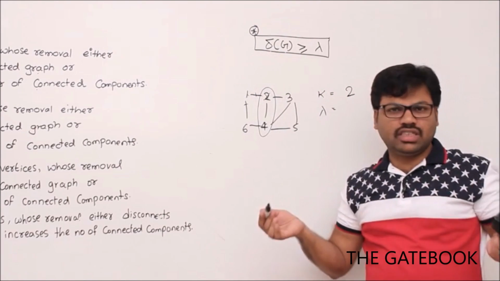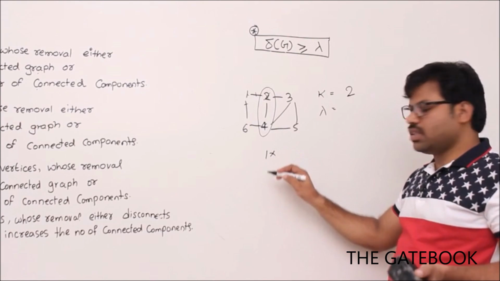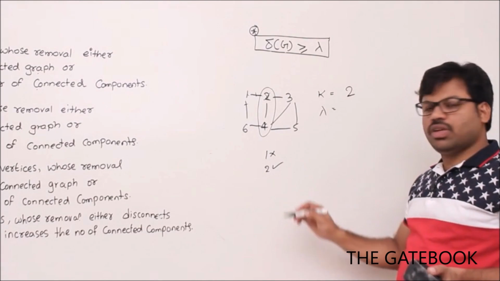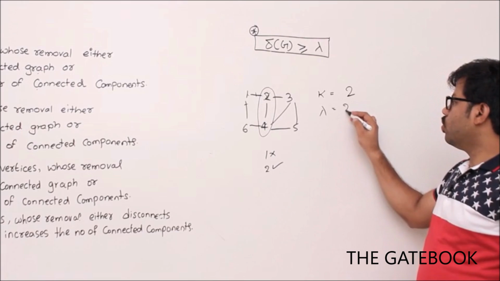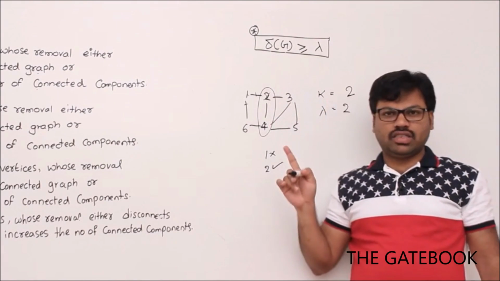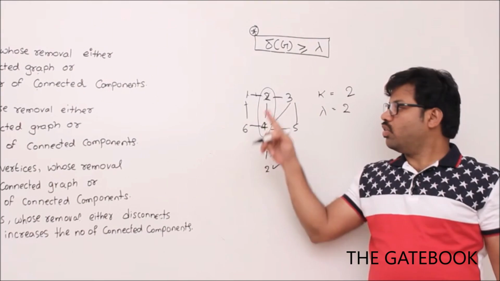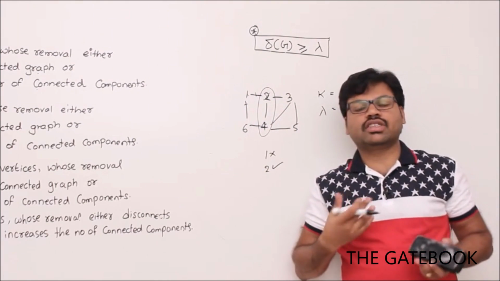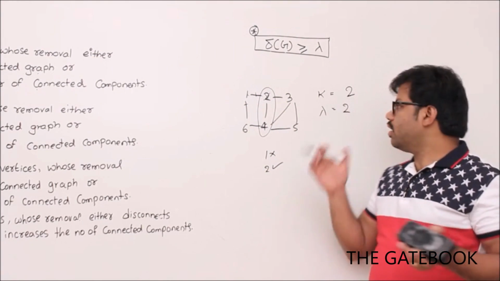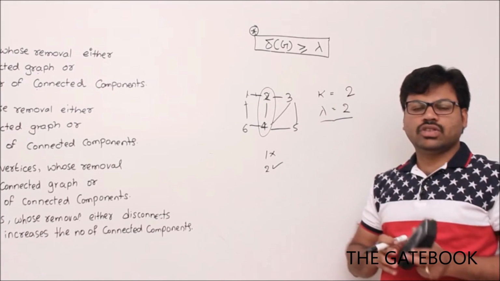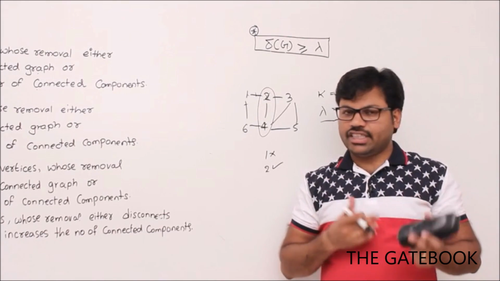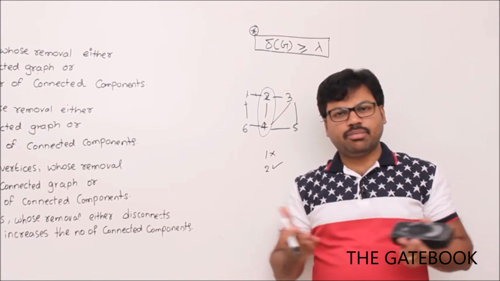With 1 it was not possible, with 2 it is always possible, so the minimum number will be 2. In that way we can use the minimum degree concept to decide that the minimum number of edges required to disconnect this graph is 2. So lambda is 2. So this is the story about the edge connectivity number and the vertex connectivity number.